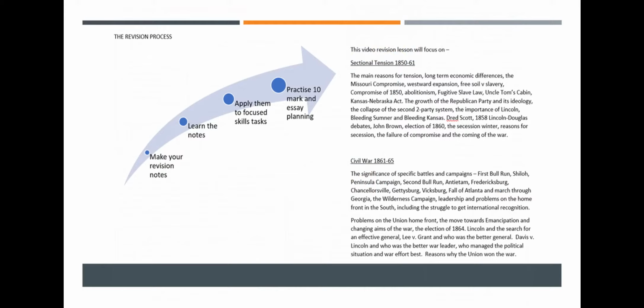So you make the revision notes in whichever format helps you, and then you need to learn them. You can do that by reading them, covering them, writing them out from memory, checking to see what you got correct. That's the first two stages of the revision process, to make some revision notes and to learn them.